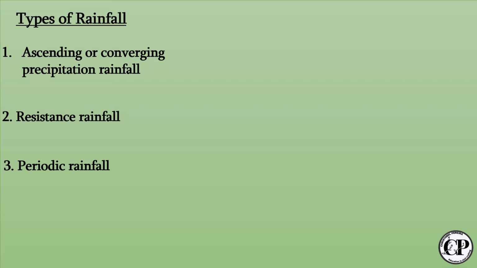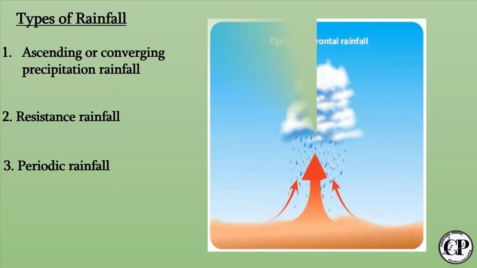Periodic rainfall, also known as cyclonic rainfall, occurs when air mass rises up due to pressure difference. When there is the formation of a low pressure area, air from the surrounding spaces flows to less pressure zones. This phenomenon forces warm and colder air to meet.